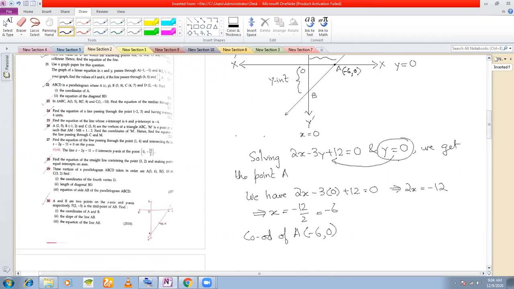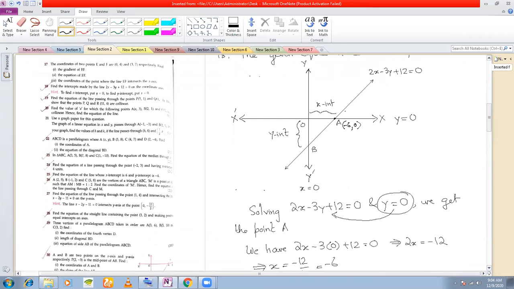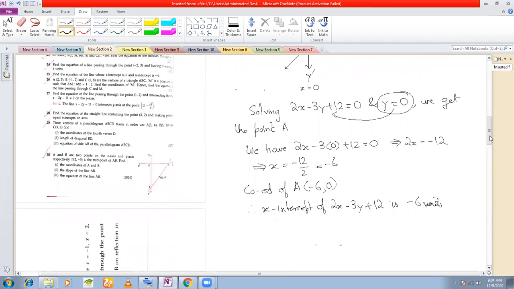So what is the x-intercept of 2x minus 3y plus 12? It is minus 6 units. Why is it minus 6 units? Because this distance here, in fact, we have got this as negative.